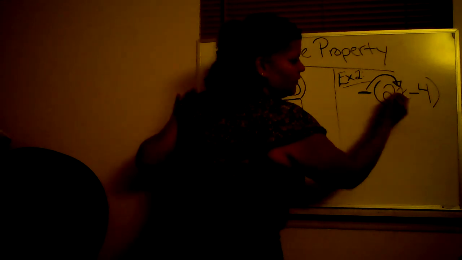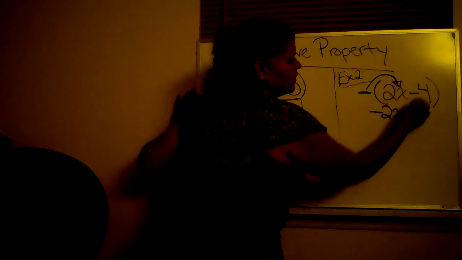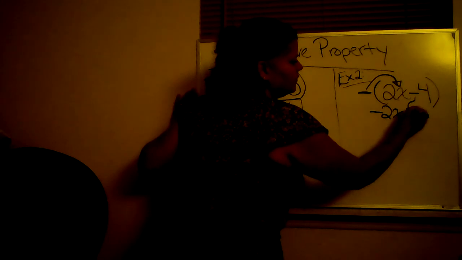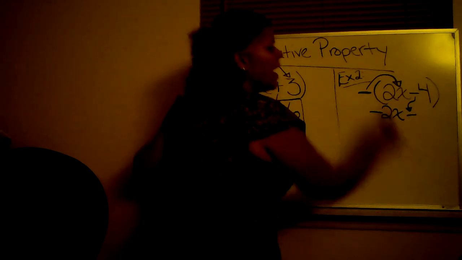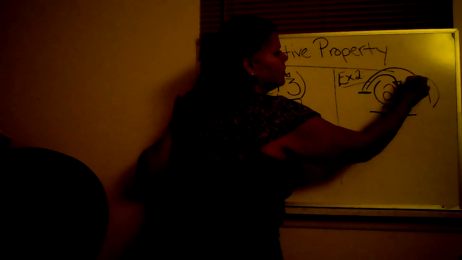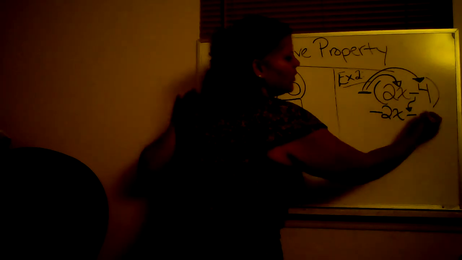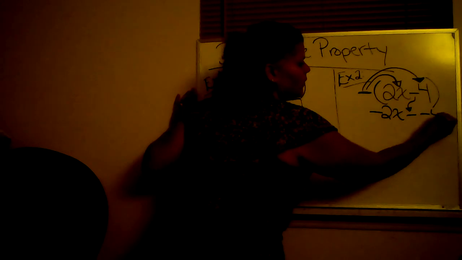The opposite of positive 2x is negative 2x. Then you can bring down the sign. And then you're finding the opposite of 4. The opposite of positive 4 is negative 4.